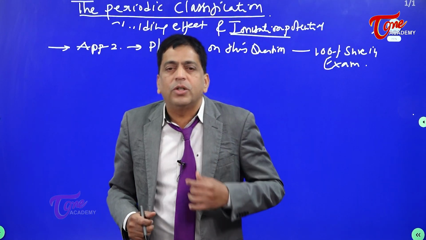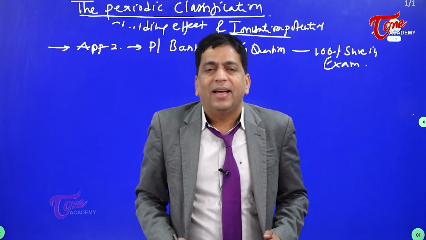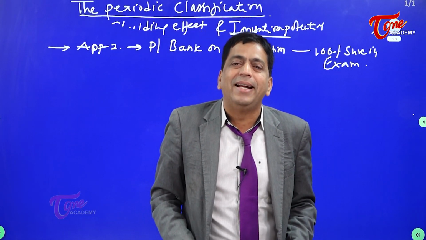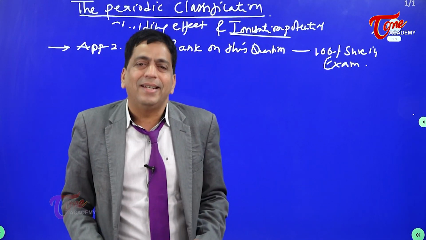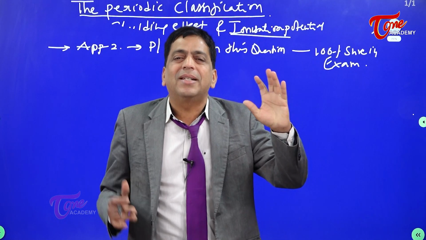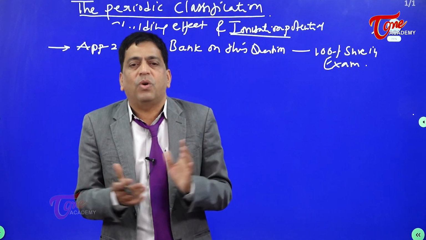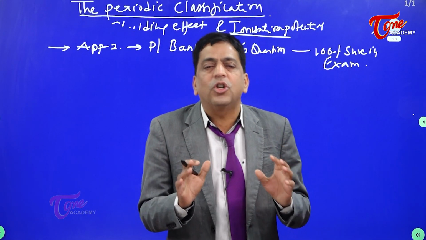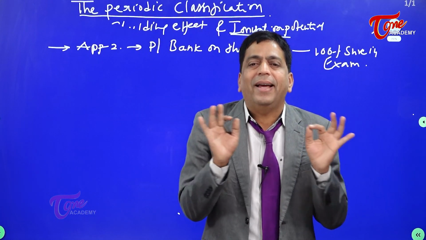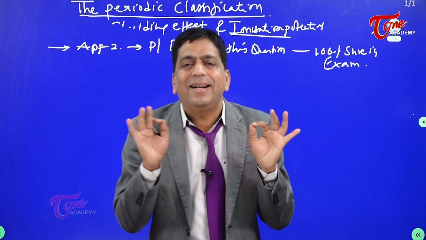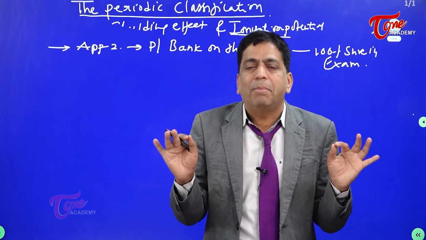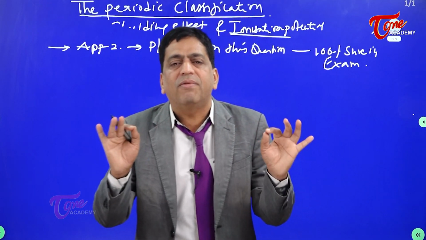What is the question? The ionization potential values are basically indicative of the valency of a particular element. Try and understand what I'm telling. The ionization potential values are an index of the valency of a particular element.